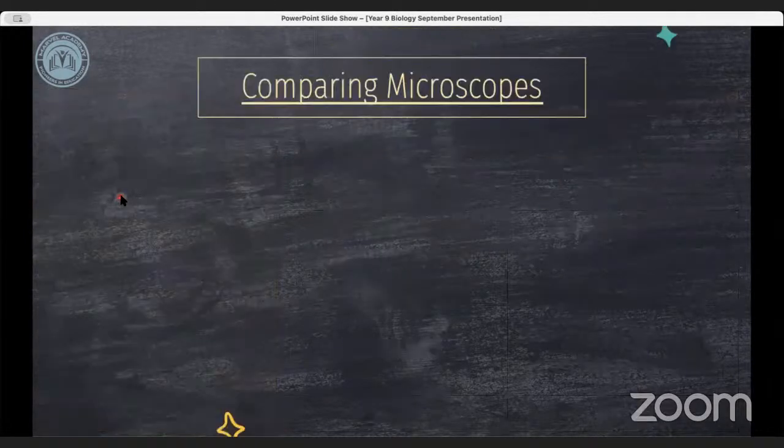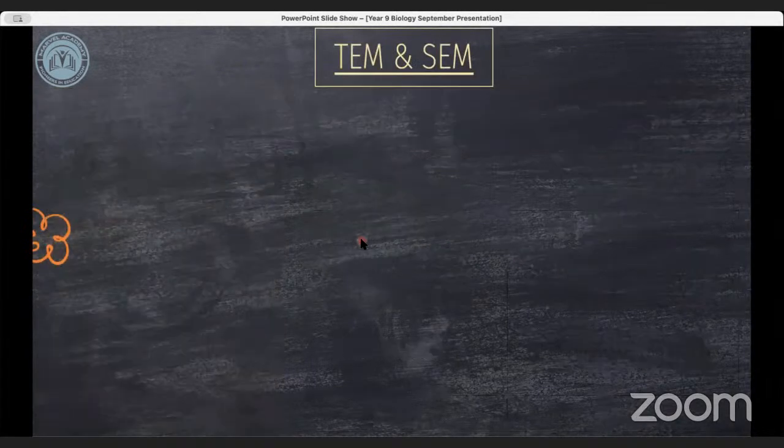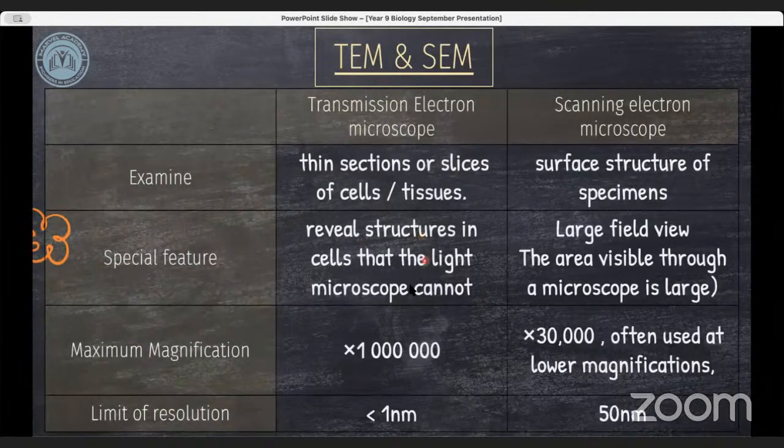Now children, about the magnification. You can see how enormous the magnification is.